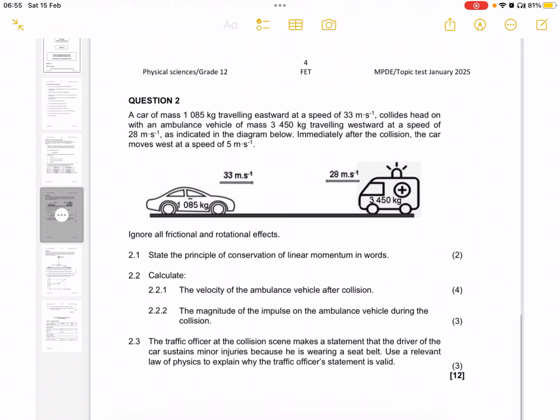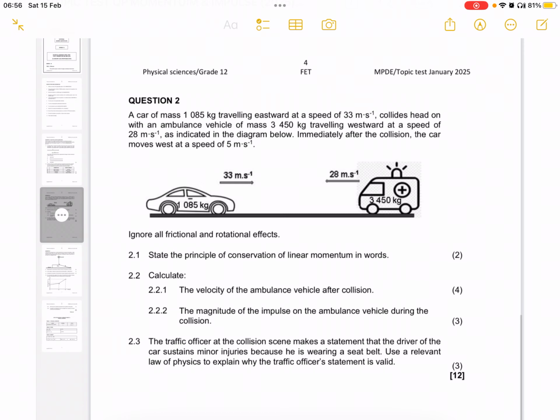A car of mass 1085 kilogram traveling in the eastward direction at a speed of 33 meters per second collides head on with an ambulance vehicle of mass 3450 kilogram traveling westwards at a speed of 28 meters per second as indicated in the diagram. Immediately after the collision, the car moves west at a speed of 5 meters per second. Ignore friction and other rotational effects.